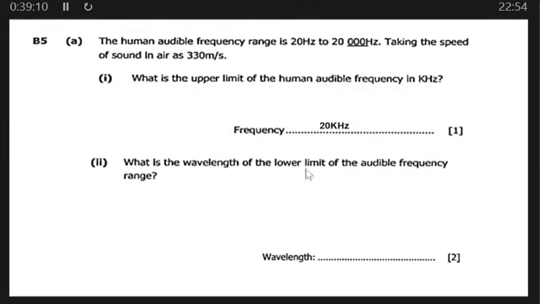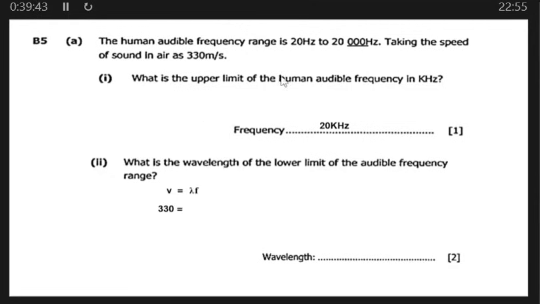So it will be 20 kilohertz. All right. So 2 says, what is the wavelength of the lower limit of the audible frequency range? So they want the wavelength. So you need to introduce the formula which says speed is equal to wavelength times frequency. Now they want wavelength, so you make it the subject of the formula by substituting first.